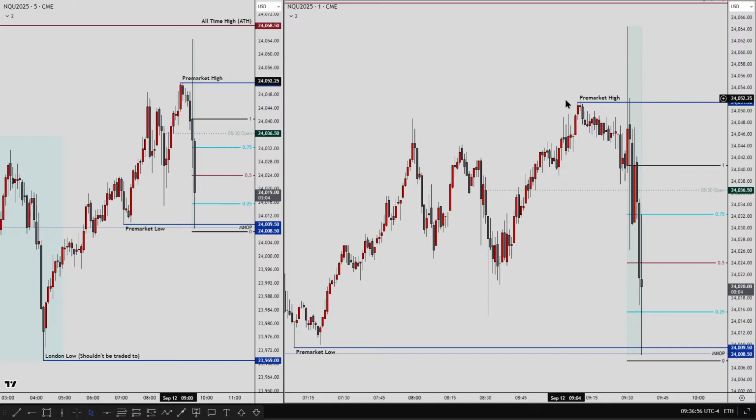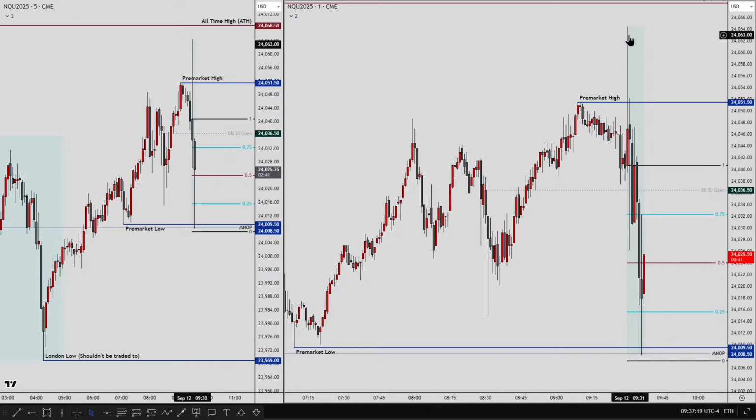So if you were not using the silver bullet, at 9:30 you sweep the pre-market high like we did here. We overshot it quite a lot, but then we traded back below it, we closed below it, we opened below it, we traded lower, below this bearish order block. And you know the likelihood is we have a discount gap. We should be going and filling that in because it's a small gap.